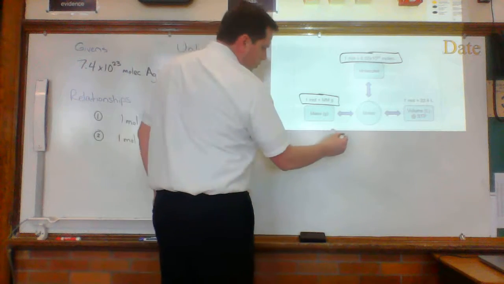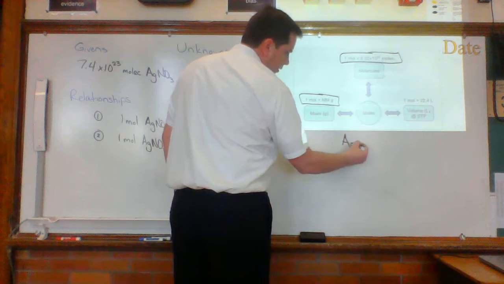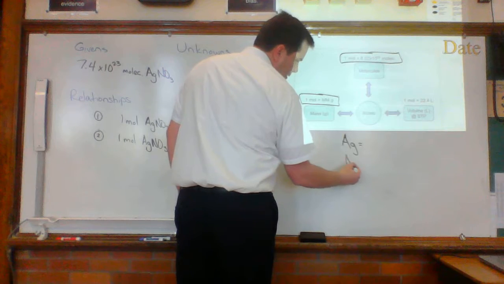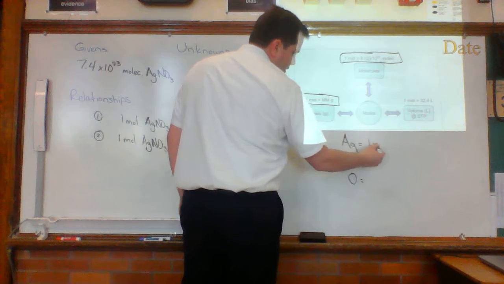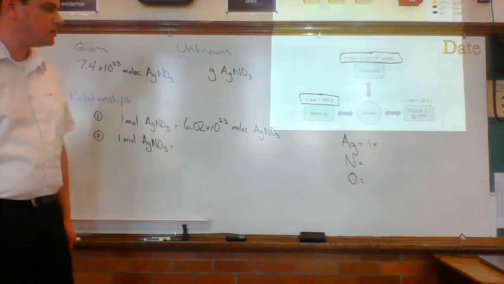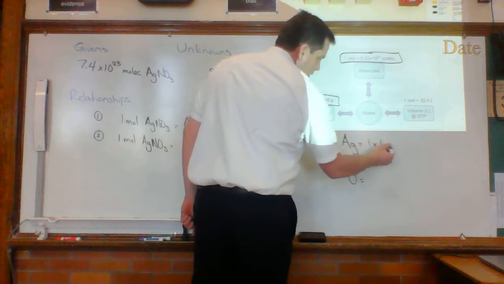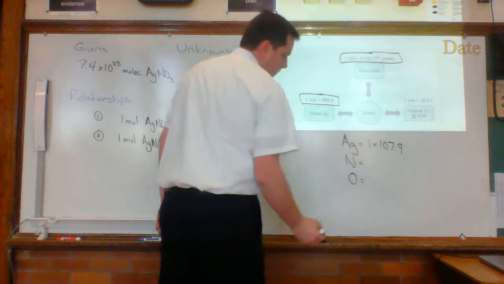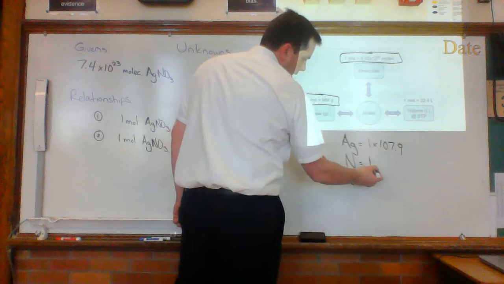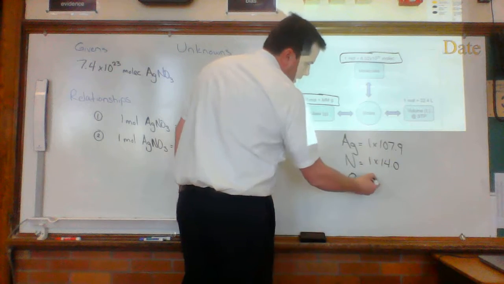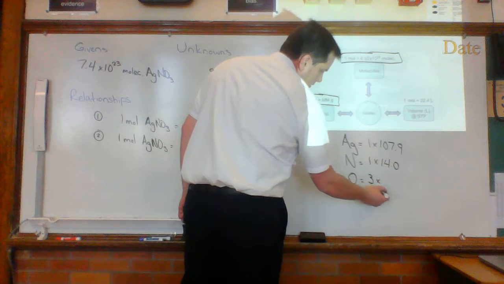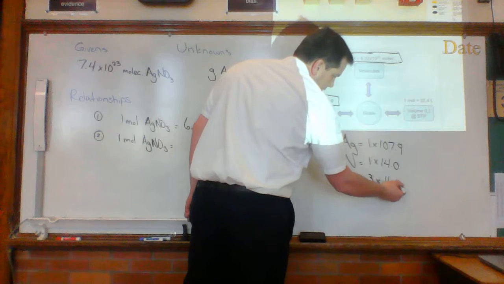So I better figure out the molar mass off to the side over here. AgNO3. There's 1 atom of Ag in AgNO3, so it's 1 times 107.9. 1 atom of nitrogen, that's 1 times 14.0. And there's 3 atoms of oxygen, 3 times 16.0.